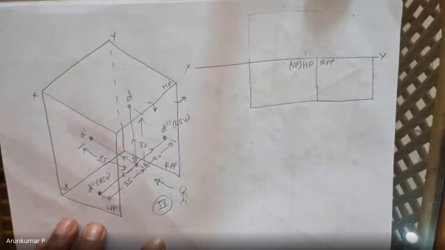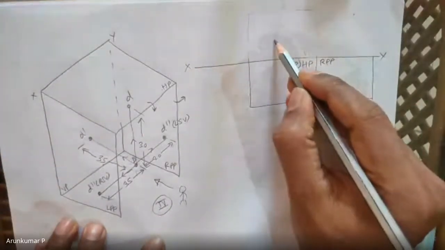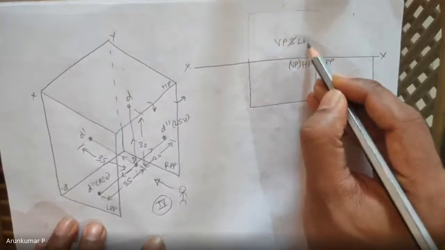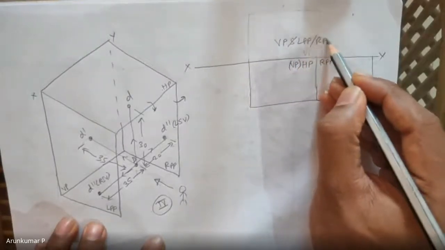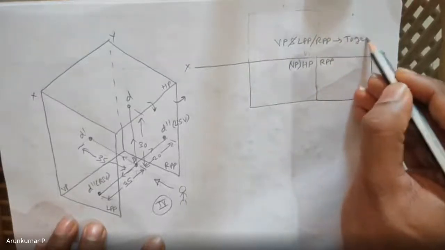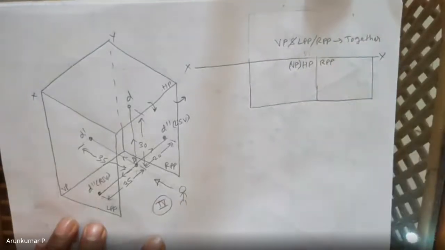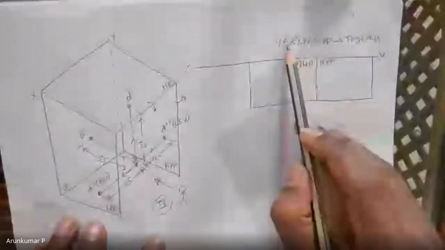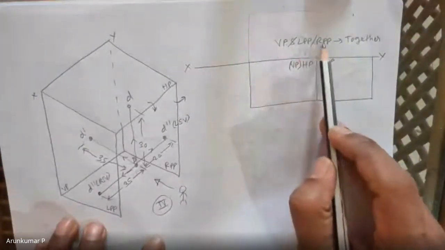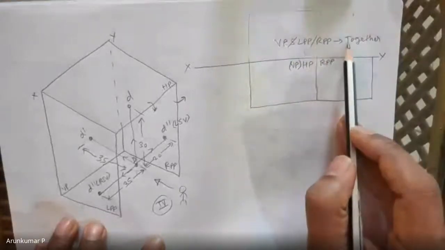So the point is VP and LPP or RPP always will be together. You're getting this? This is like a rule. Vertical plane and LPP or RPP will be together.